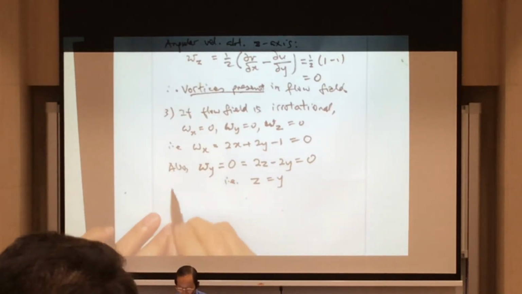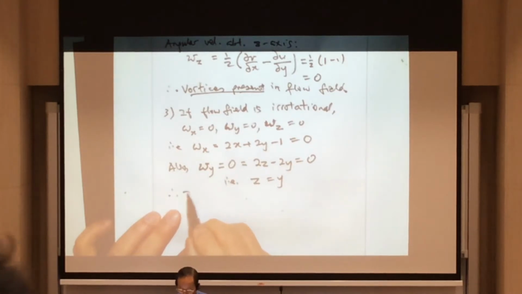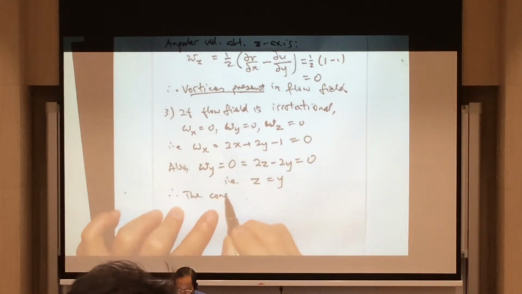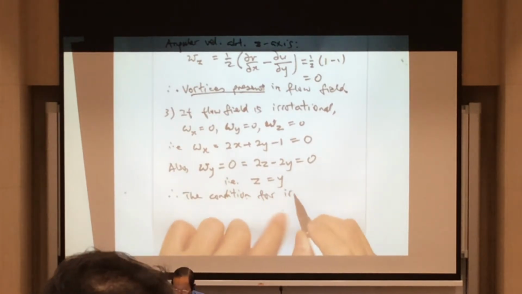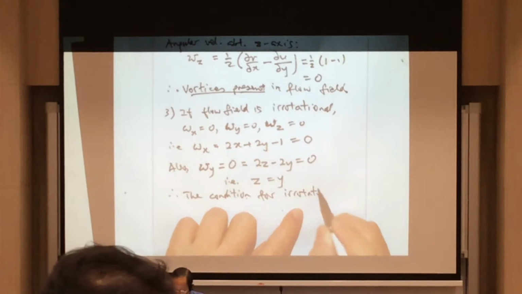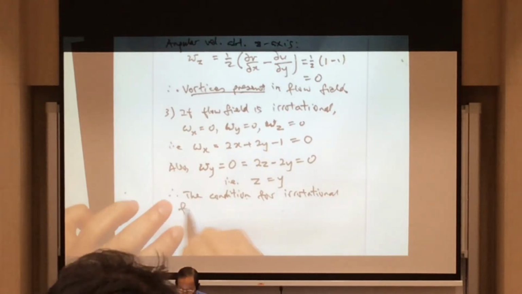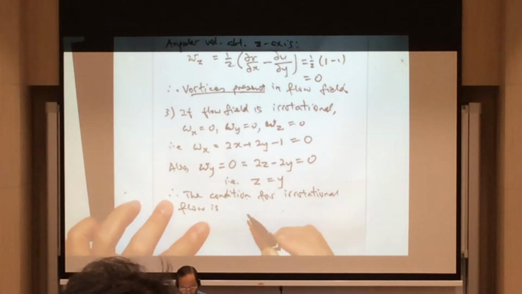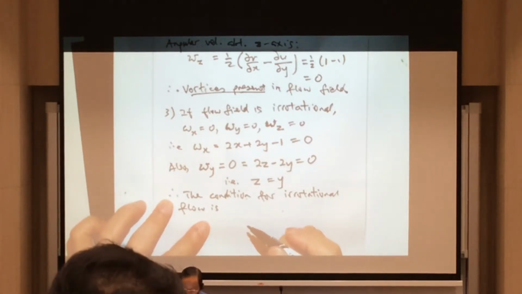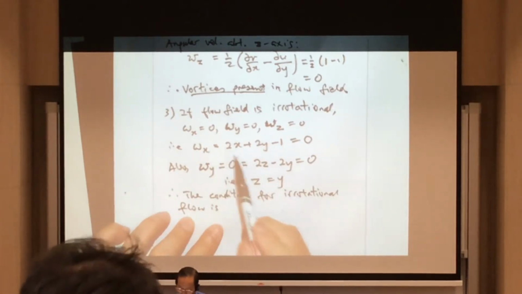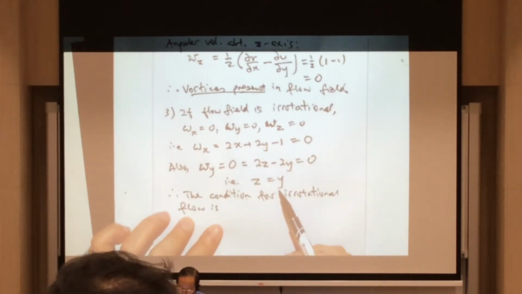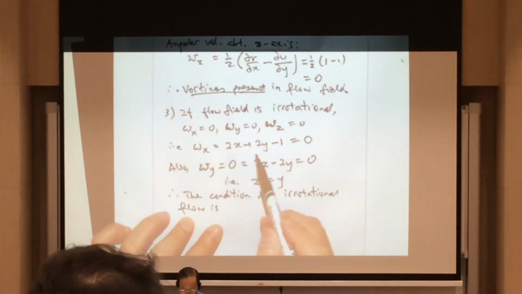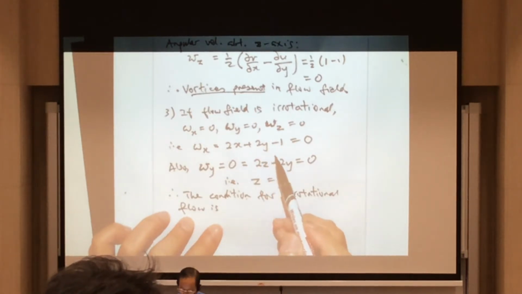So the condition for irrotational flow boils down to this expression. You have z equal to y and 2x plus 2y minus 1 equals 0.